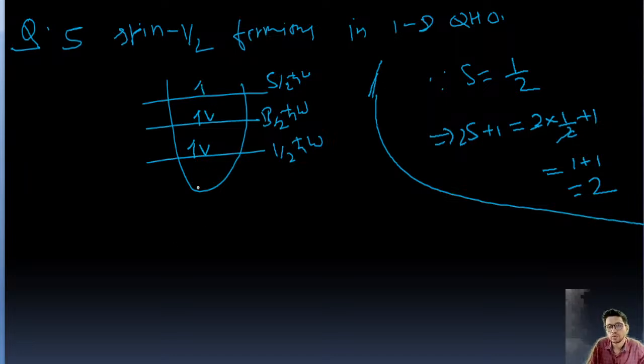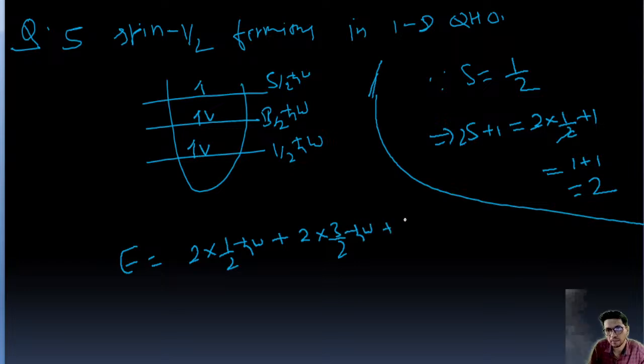There wouldn't be more than 2 fermions in one level, because we find 2s plus 1 and fill the electrons accordingly. Now the energy is going to be 2 into half h cut omega plus 2 into 3 by 2 h cut omega plus 5 by 2 h cut omega, for the single one.